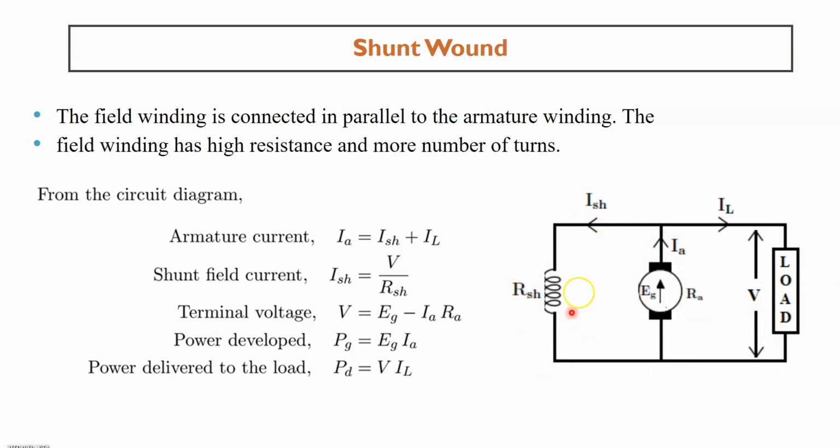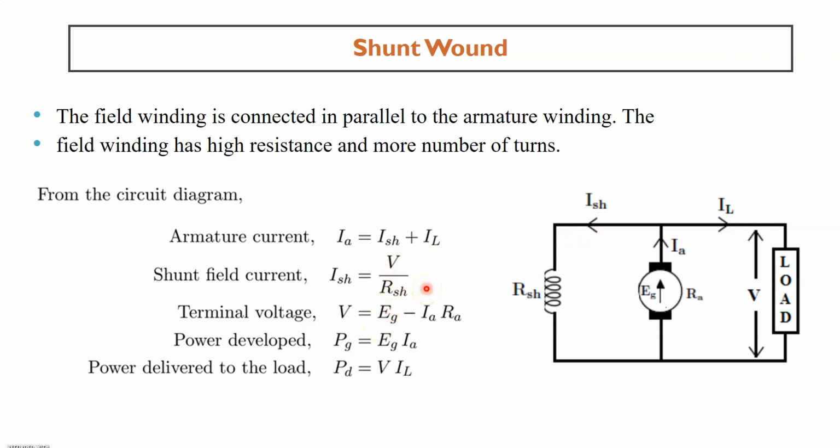Since the field winding and load are connected in parallel, the voltage across the load equals the voltage across the shunt field winding. If we know the voltage and the resistance RSH, then using Ohm's law, the current ISH is equal to V by RSH.